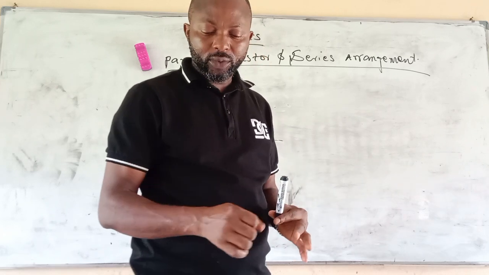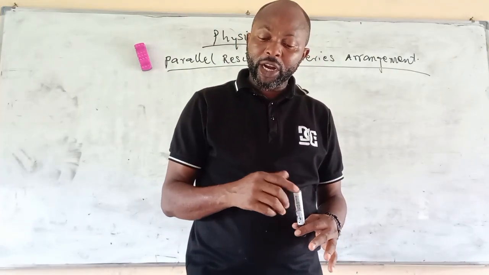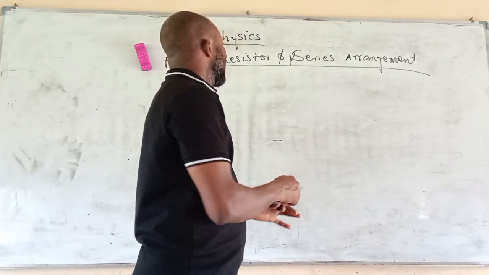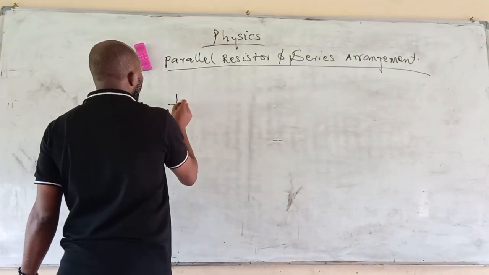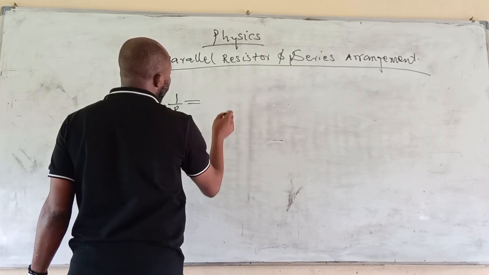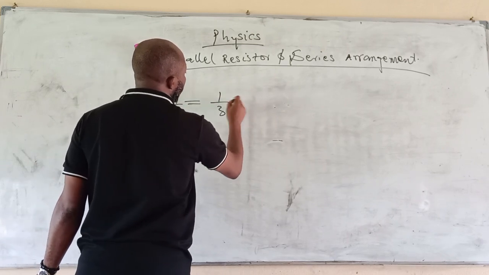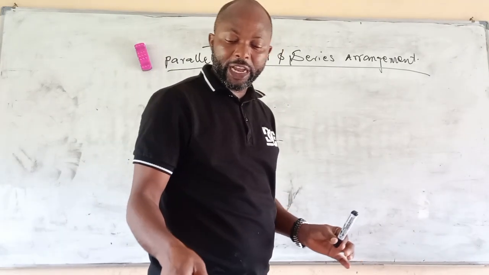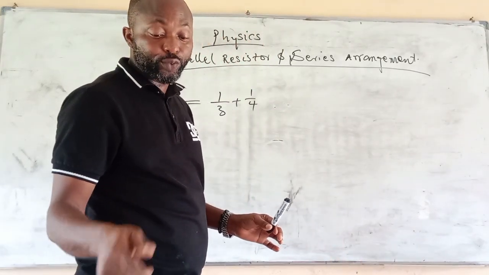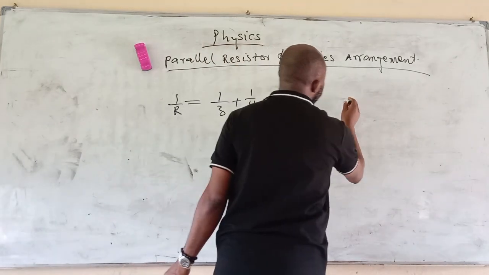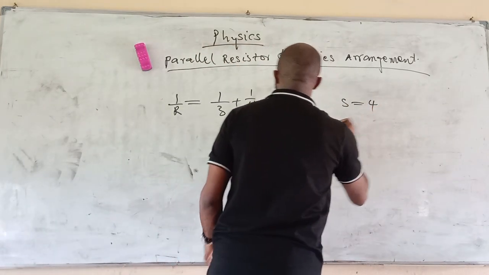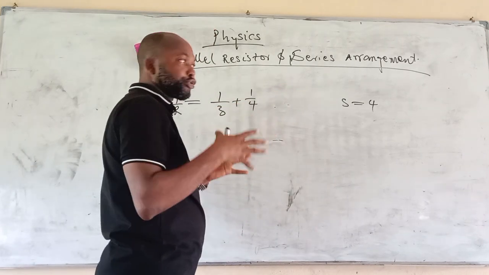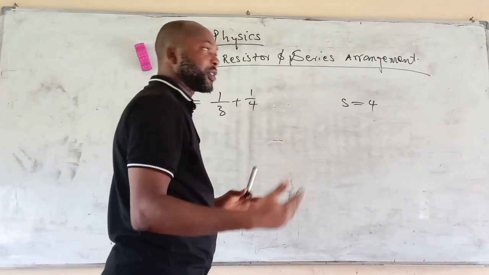So let's see again. We should calculate a parallel combination of 3 and 4 ohm resistors connected with 4 ohm in series. Now for parallel, remember, 1 over R is 1 over 3 plus 1 over 4. So this is in series with 4. If I'm done with this parallel, I now have to add with that and proceed to get my total effective resistance.